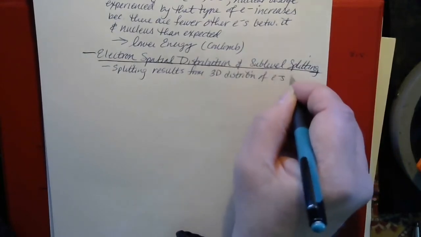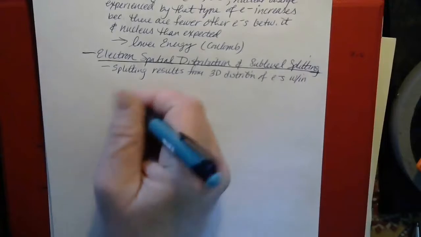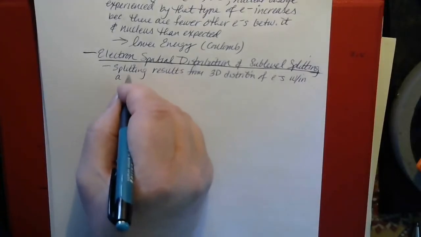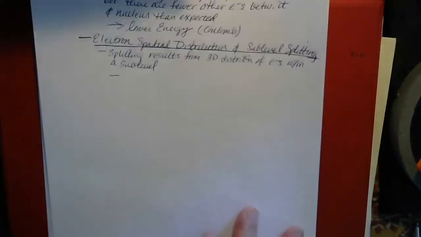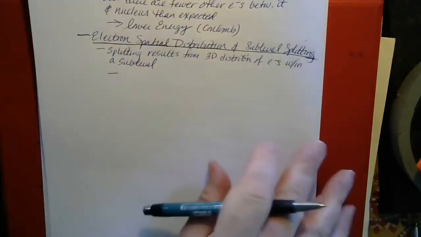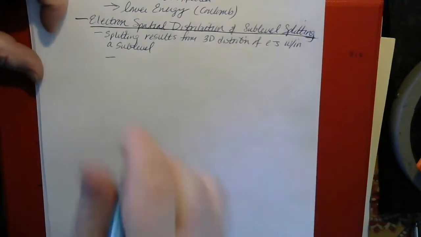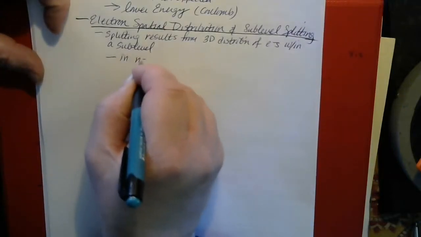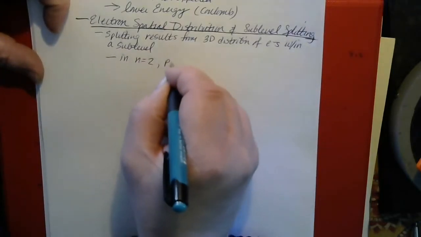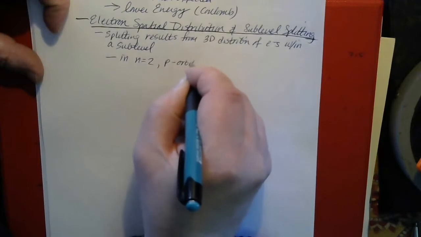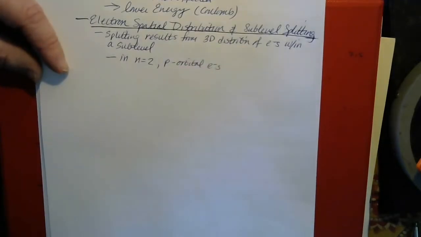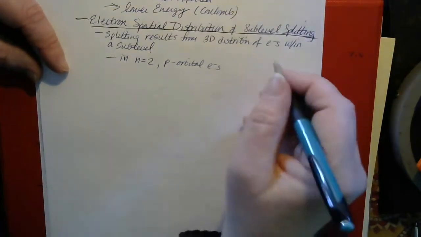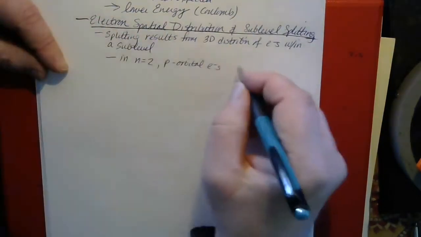Within a... Okay, in n equals 2, it turns out that p orbital electrons actually tend to be found closer to the nucleus than s orbital electrons.